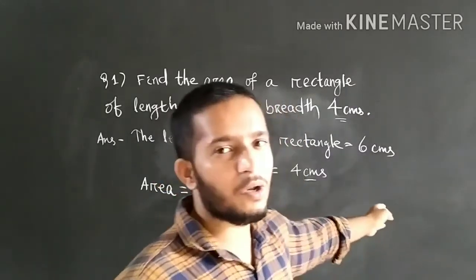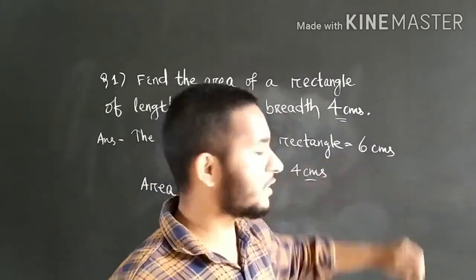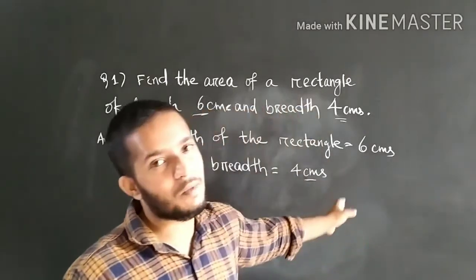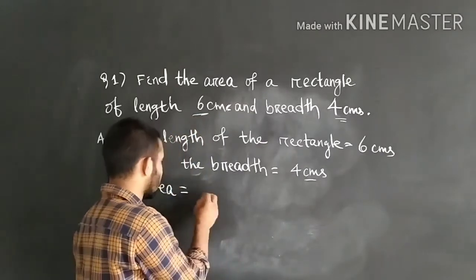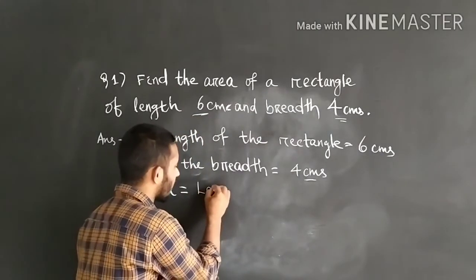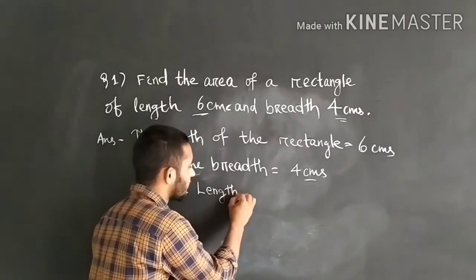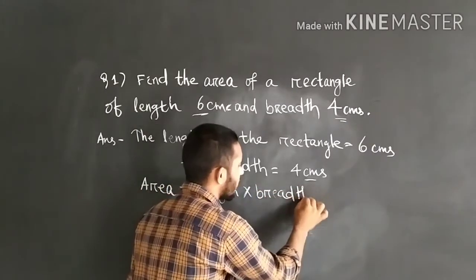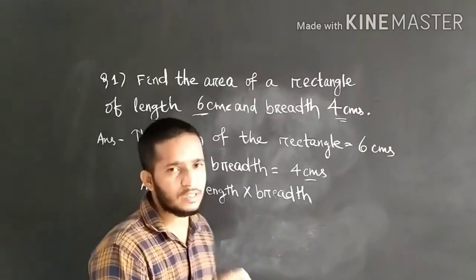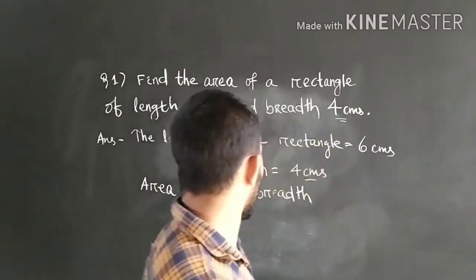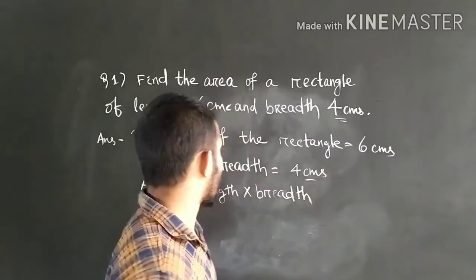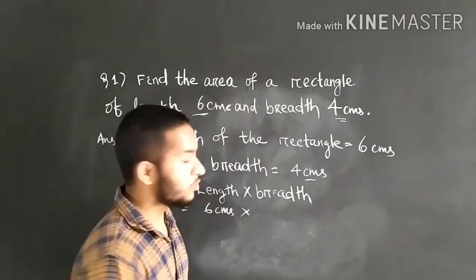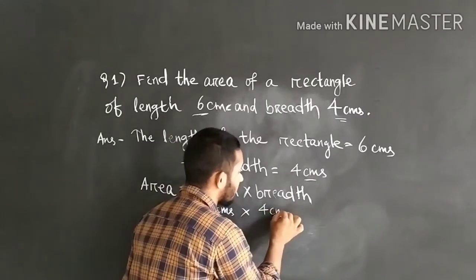You know the number representing length is 6 and the number representing breadth is 4, so we will just multiply both of them. Let's write the formula: area is length multiplied by breadth. Here the length is 6 centimeters and the breadth is 4 centimeters, as given in the question.